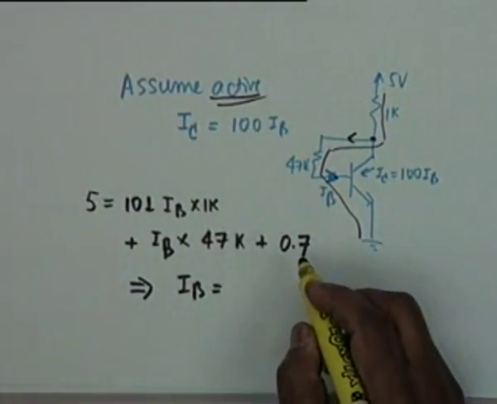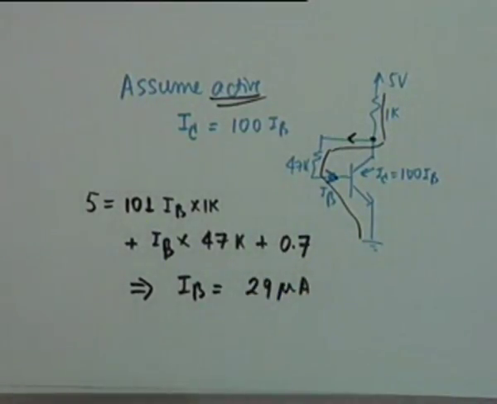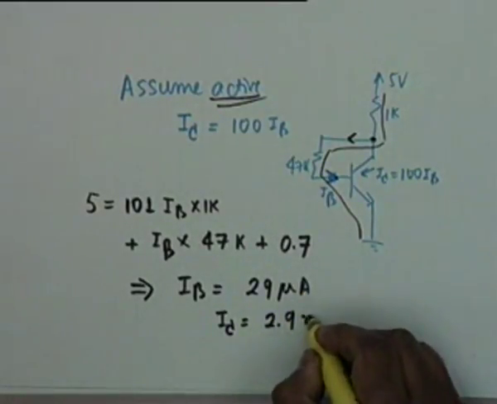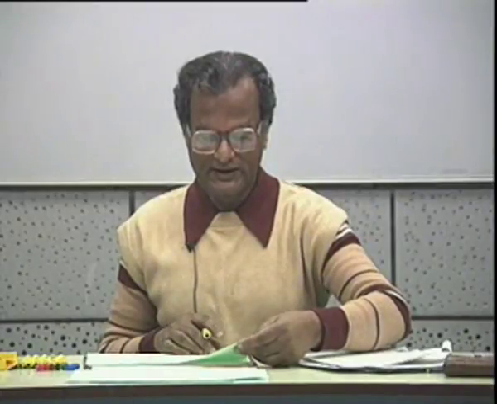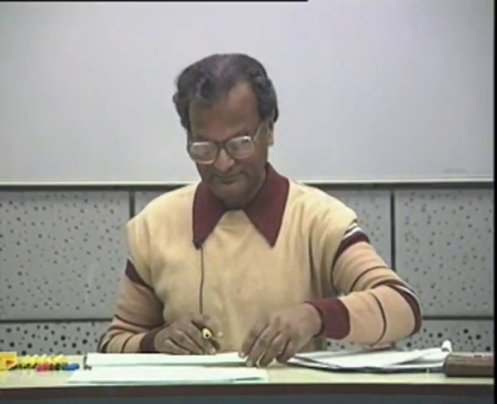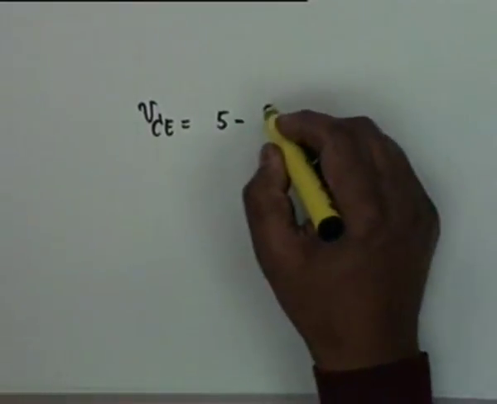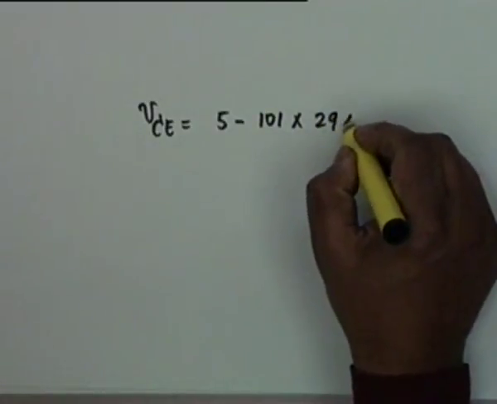Alright. From which I get I_B; my calculation gives me 29 microampere. So I_C is equal to 100 times this, which is 2.9 milliampere. If that is so, then V_CE would be 5 minus 101 multiplied by 29 microampere, multiplied by 1K.